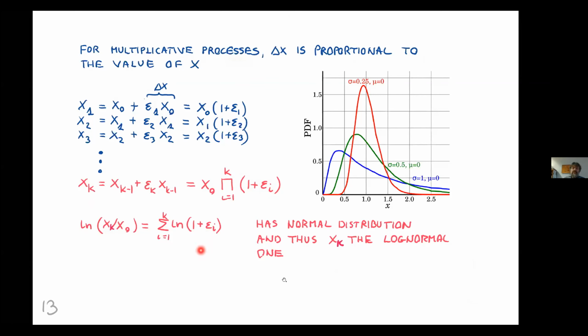So again, I can apply the central limit theorem and say this sum of what I have under the sum, on the new random variable, is normally distributed, but that's not xk. The log of xk is normally distributed.